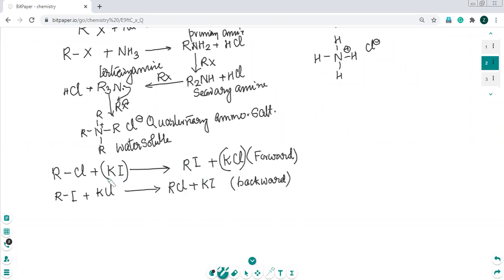Since potassium iodide is less stable, it will generate I minus a lot. And I minus is a very good nucleophile. It can attack here and remove this. But here, Cl minus is not a good nucleophile.